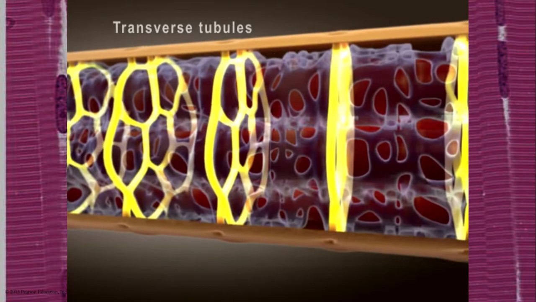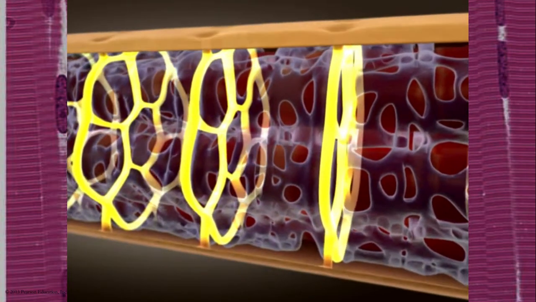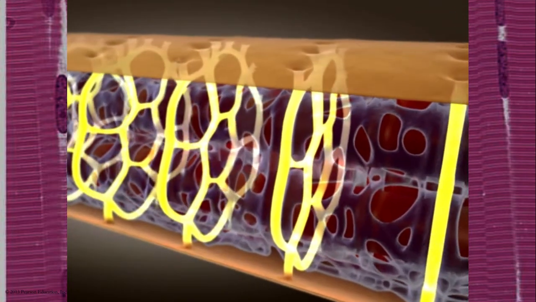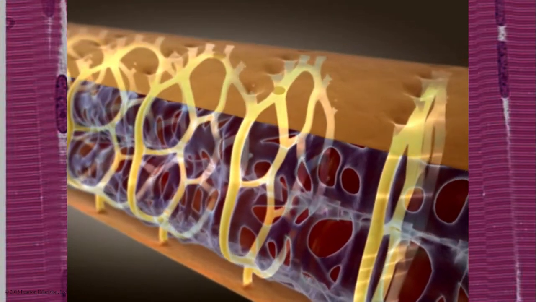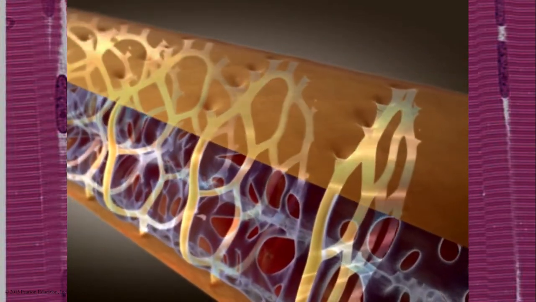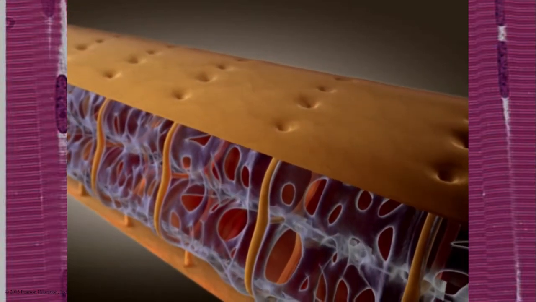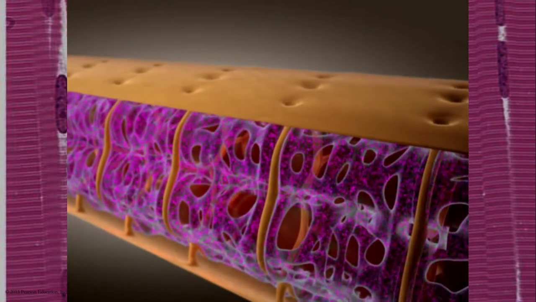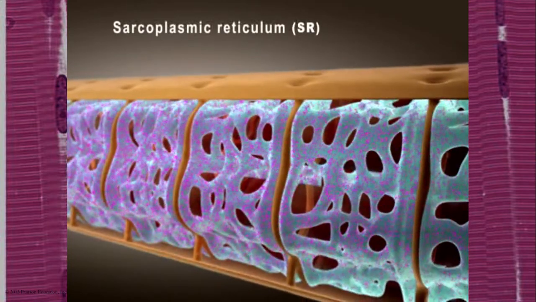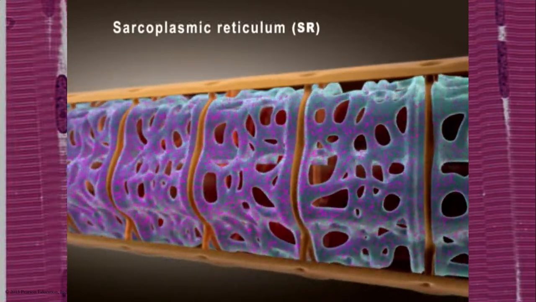Transverse, or T-tubules, are regularly spaced enfoldings of the sarcolemma that branch extensively throughout the muscle fiber. At numerous junctions, the T-tubules make contact with a calcium-storing membranous network known as a sarcoplasmic reticulum, or SR.